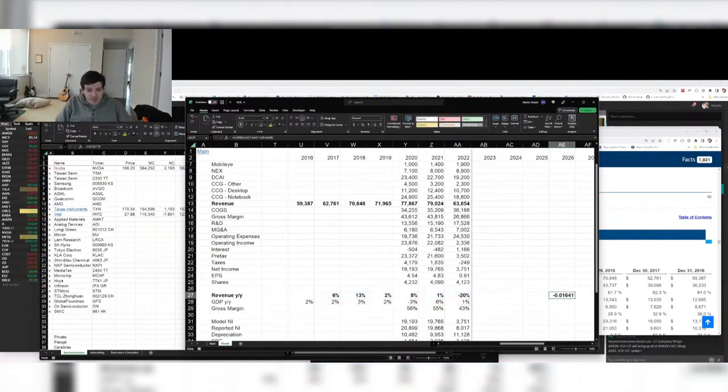No correlation whatsoever. I wonder if it's a leading indicator for GDP.